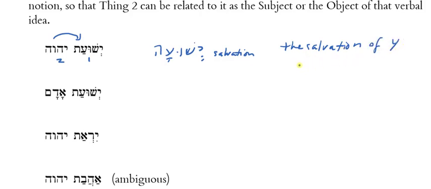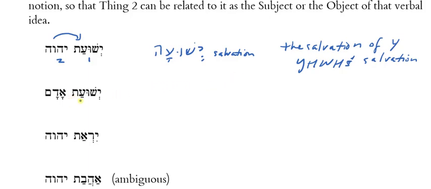Probably not. This is what I would call a subjective genitive. What this really means is something like Yahweh's salvation, meaning Yahweh's act of salvation, and someone else is conceptually the direct object of that salvation. So the salvation of Yahweh is Yahweh's act of saving.